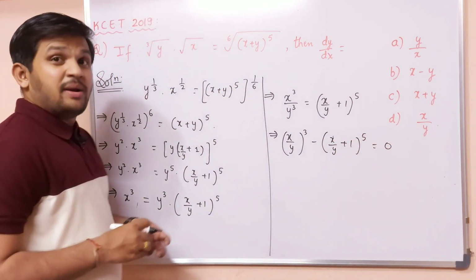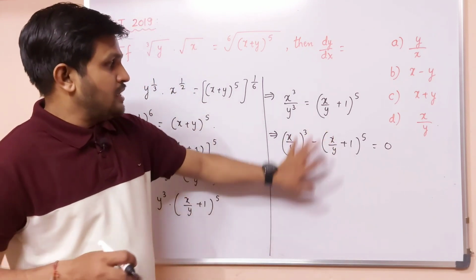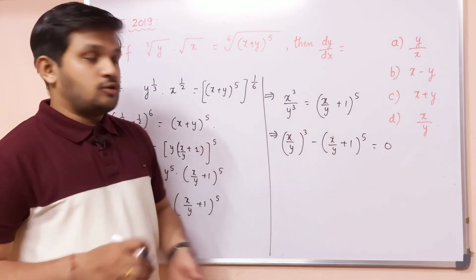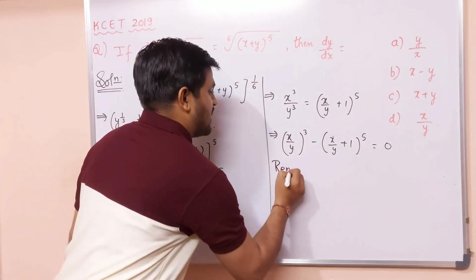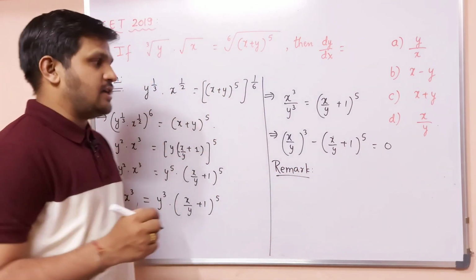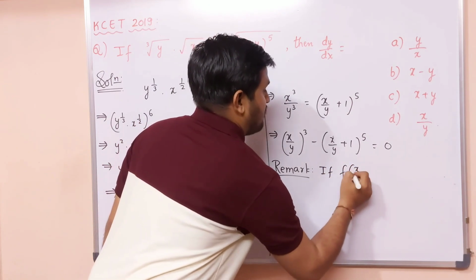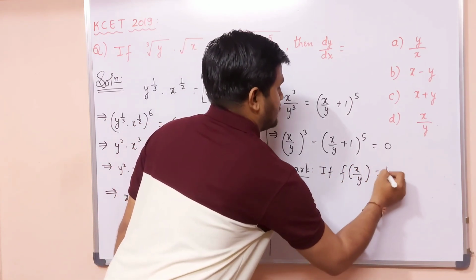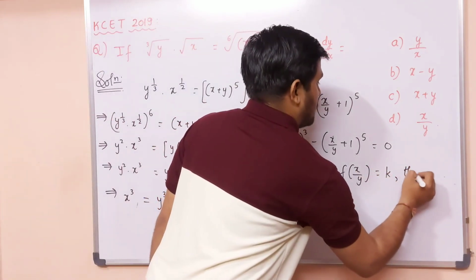Now I need dy by dx, and if you start with the normal way it will be quite a lengthier one. So here is a very important remark which you need to understand, and you will get the answer in 1 second. What is that? If f of x by y is equal to some constant, what is the derivative of this function?